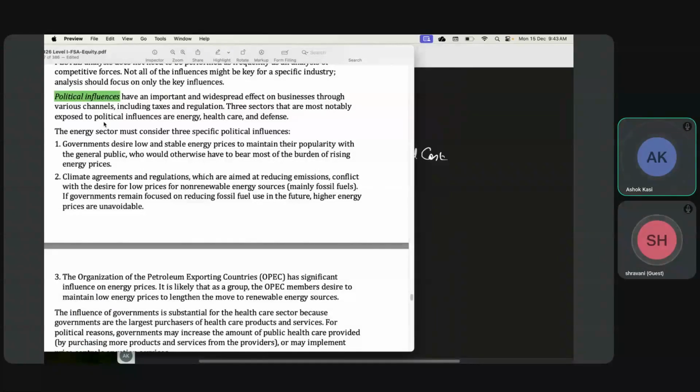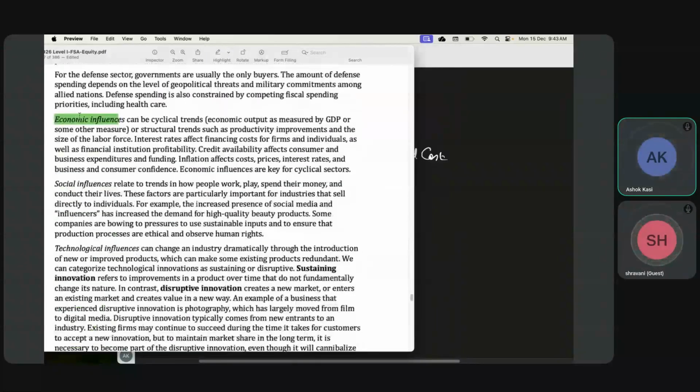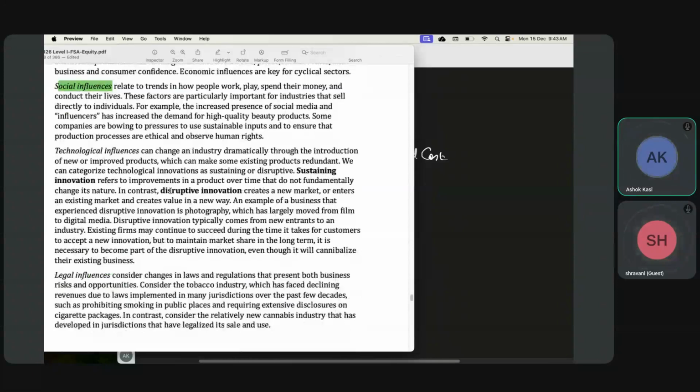Some companies will have political influences. You have to check all this, whether it is favoring or against the government. Social influences. Like iPhone will have social influences. Right? People tend to feel good, or with branded clothes. The social influences, technology.